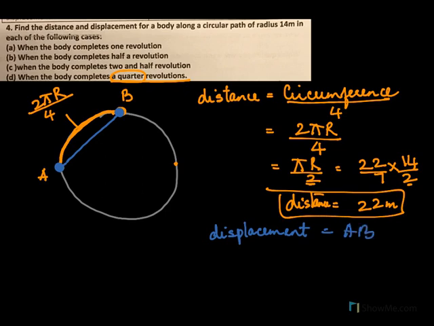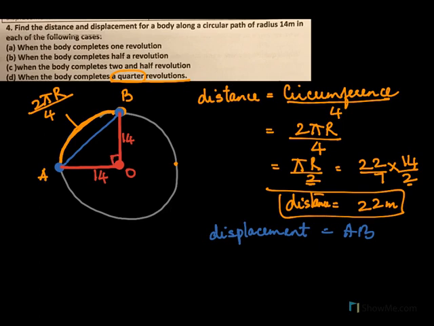To find AB, I do something different now. Suppose this is the center of my circle. Here, I'm just going to join up OB and OA. And you'll definitely know that this is 14 because radius is 14 and this is 14.